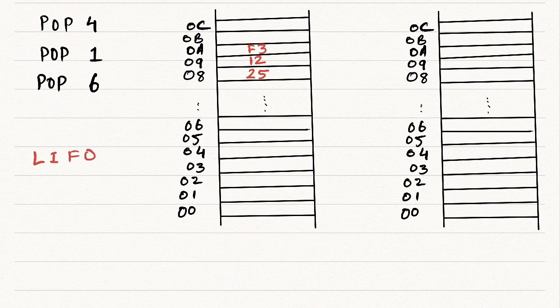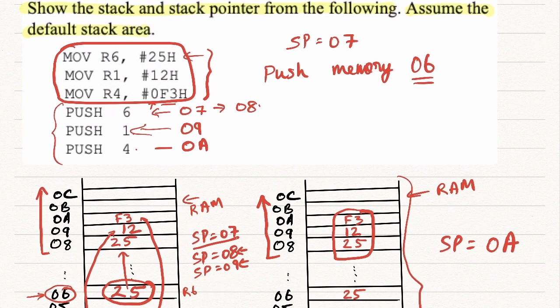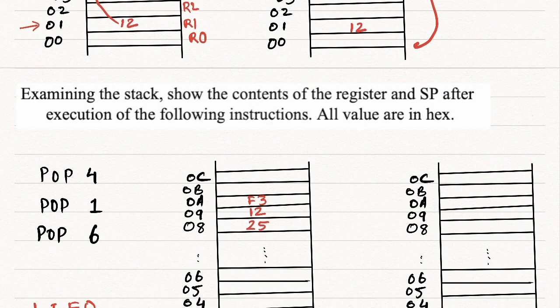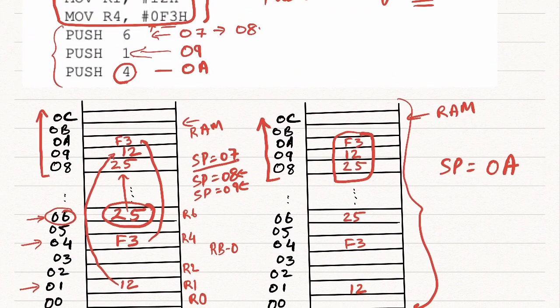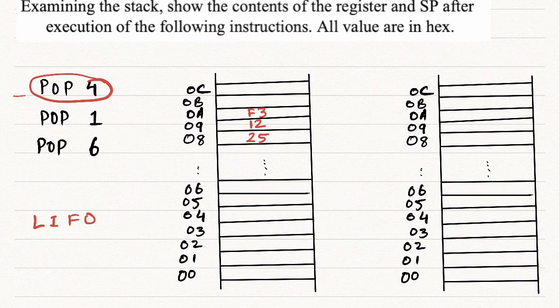That means if we push 4 last, then we should pop 4 first. Whichever was last pushed has to be first popped. So last in, first out.